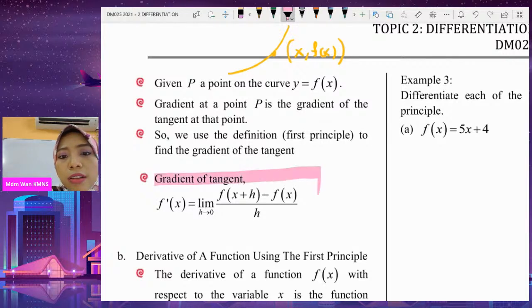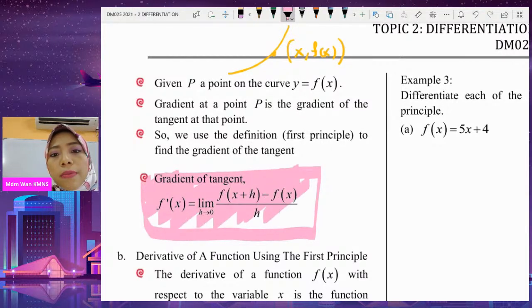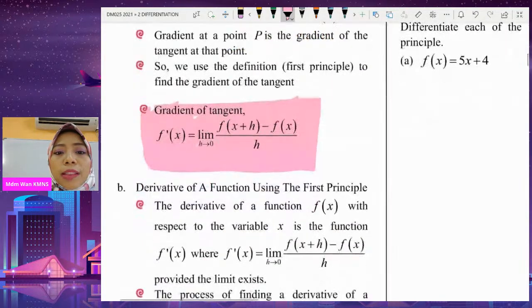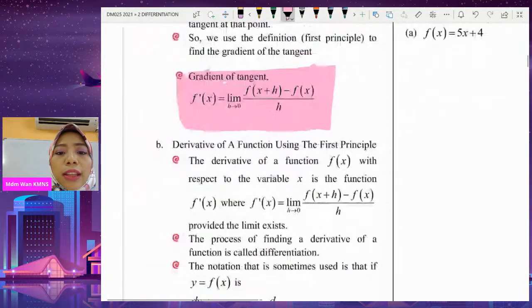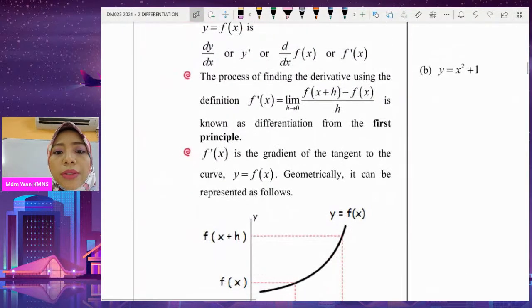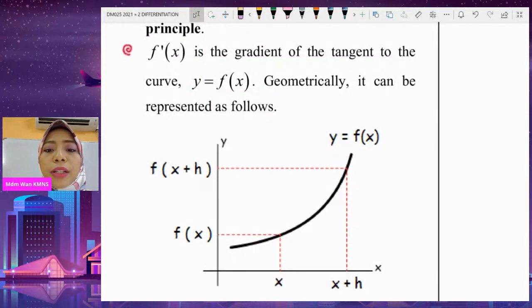So this is the formula that we are going to use. I will explain further why the formula is in such a way. Come, let's look at here. Straight away look at this picture.